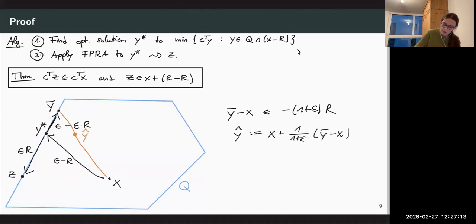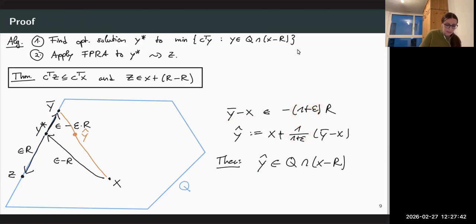And so the key observation now is that we have that y hat is actually in Q intersected x minus R. This is just because this difference here was in minus 1 plus epsilon times R, and now I'm just going a 1 over 1 plus epsilon fraction. So this thing here cancels with this.